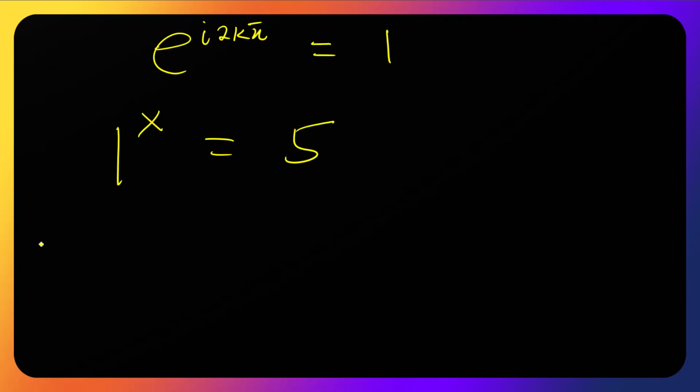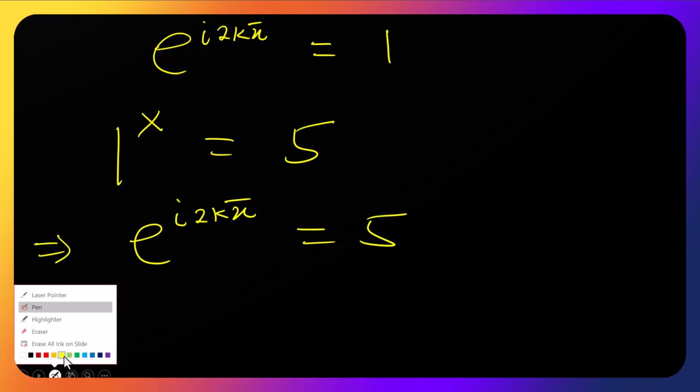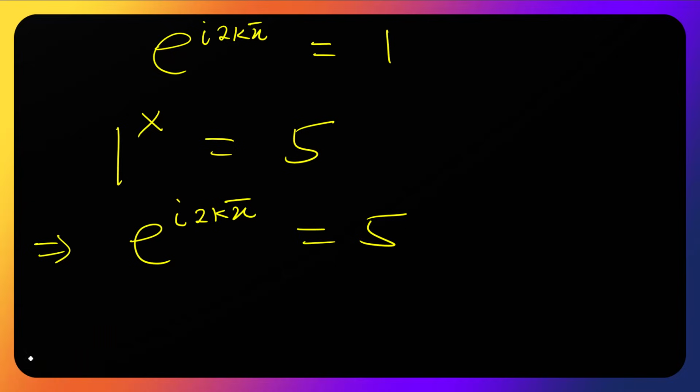In place of 1, I will do substitution. That will be e raised to i 2k pi, all to the power x, equals 5.